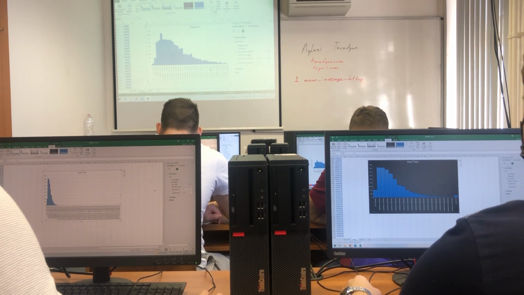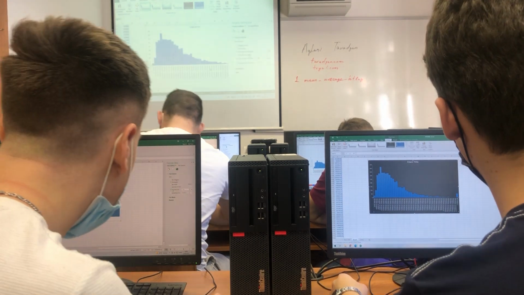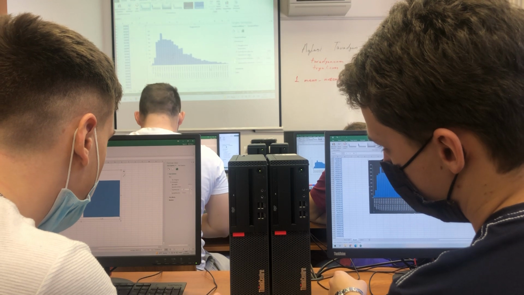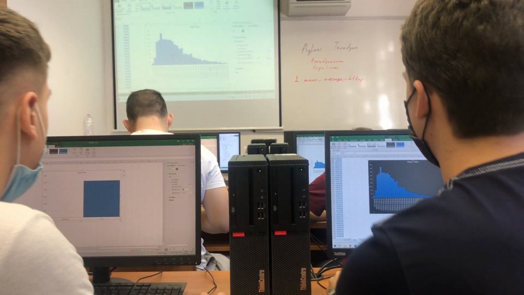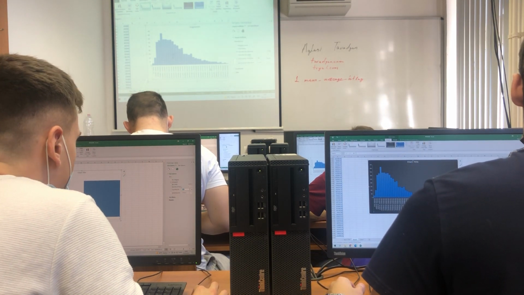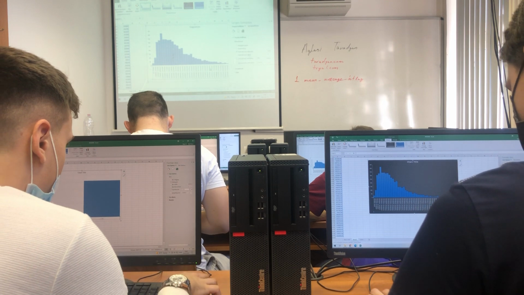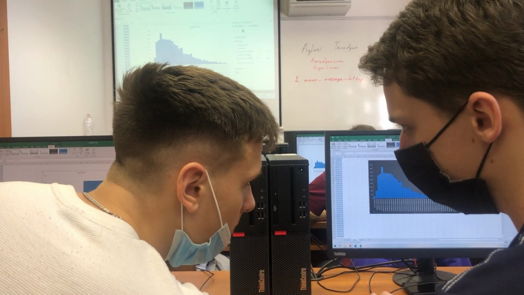Okay. Insert, this is English, this is good. Histogram. Then overflow bin: 1 is 6, so 1 with 6 zeros.